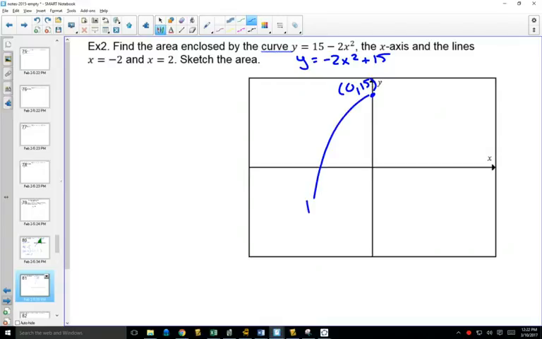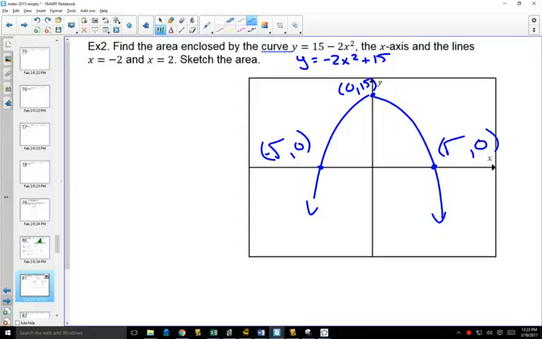Could you tell me where these x-intercepts are? You can even tell me if it's a not nice number, like the square root of a decimal, if you'd like. Something comma 0, something comma 0. Negative, and this one will be positive. I'm going to tell you the square root of something.